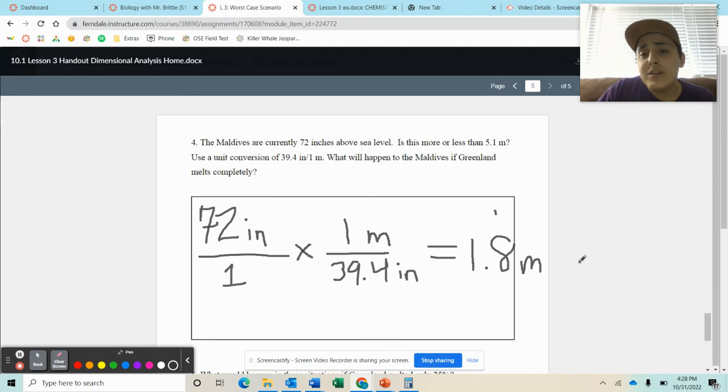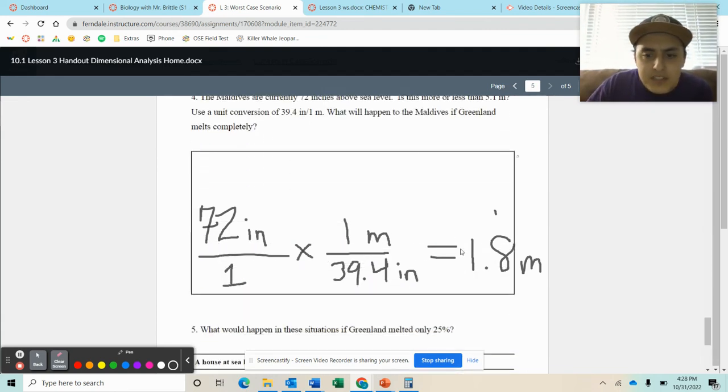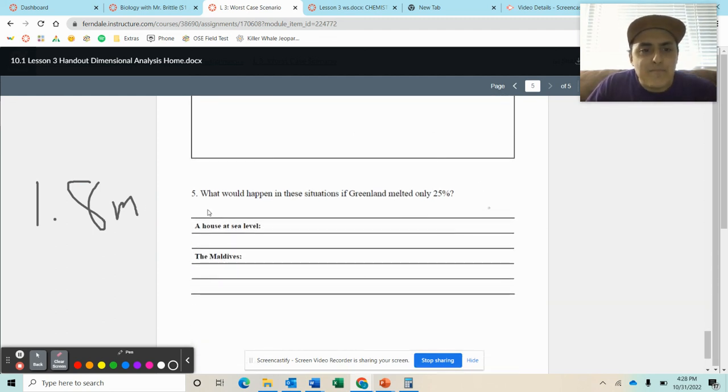So the second half of that question is saying, is this more or less than 5.1? Well, is 1.8 more or less than 5.1? It's less, right? So let's clear that and just remember that we got 1.8 meters. Basically, a house at sea level, yeah, it's going to sink because it's at sea level, right?